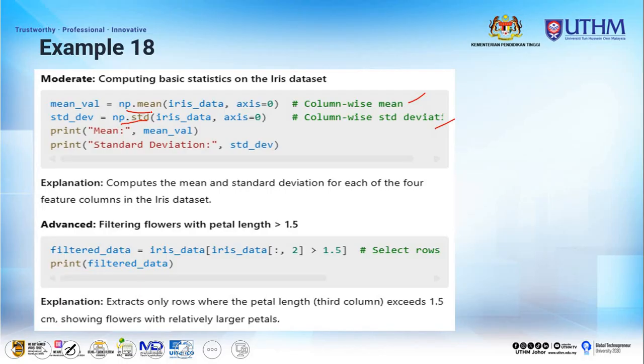Filtering flowers with petal length greater than 1.5: we select the rows where the petal length is greater than 1.5. You just extract only rows where the petal length from the third column exceeds 1.5 cm, showing flowers with relatively larger petals.